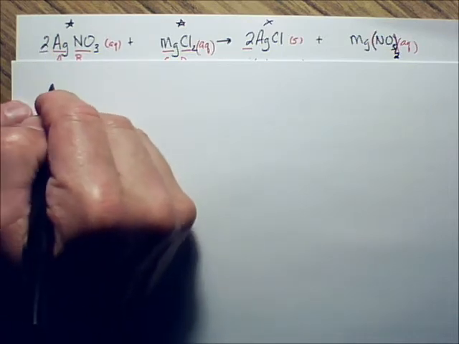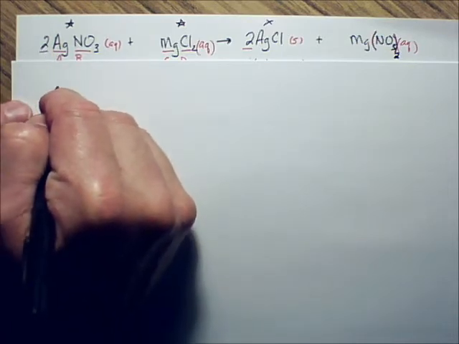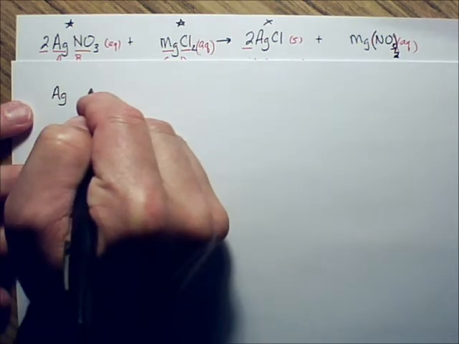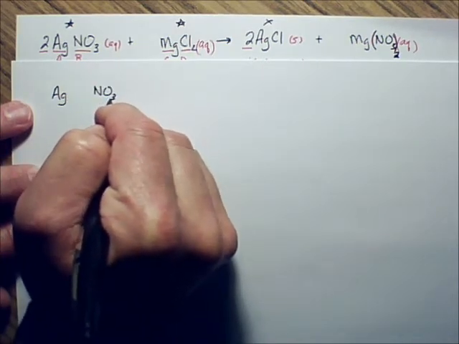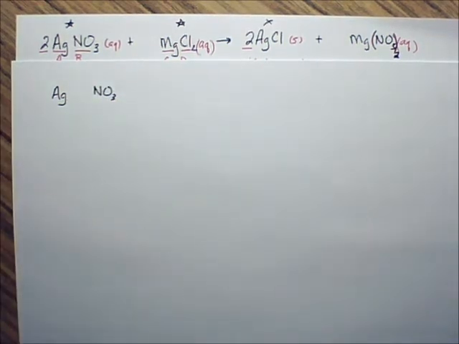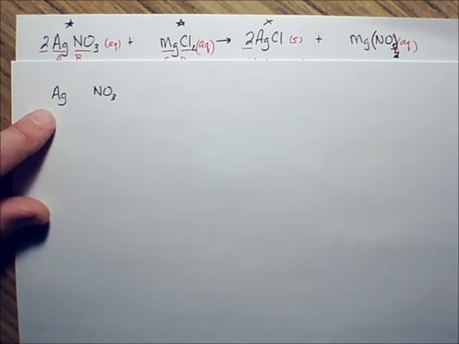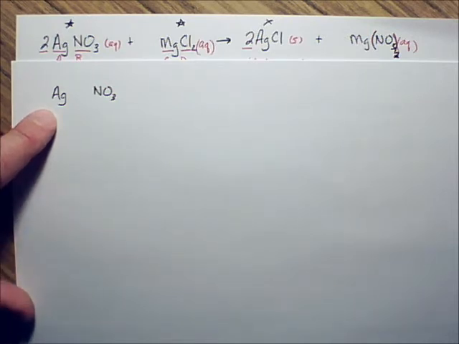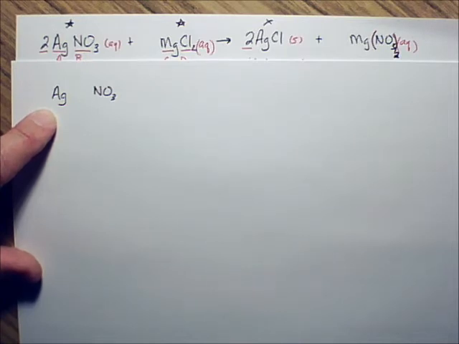So what we want to do is break it up into separate pieces. The silver and the nitrates need to be in separate pieces, because it's aqueous and it's ionic. But when we break those pieces up, they become charged particles. So that means you're going to have to go to the chart.